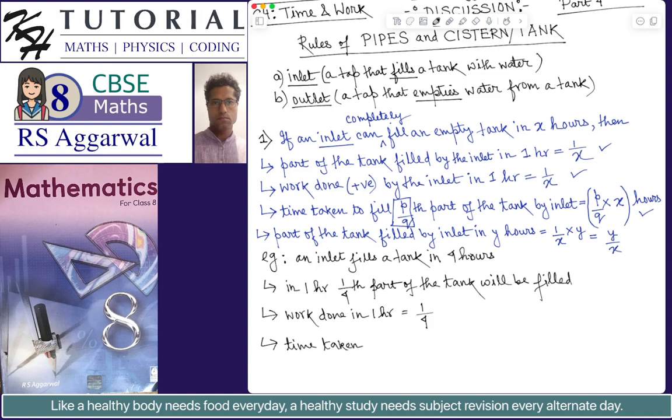So what will be the time taken to fill 3 by 4th part of the tank? It will be equal to 3 by 4 multiplied by 4 hours, which is equal to 3 hours.